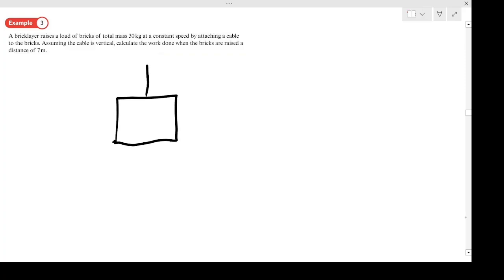There's a cable pulling it up like this, so there's an upwards force. If I'm being specific, that's going to be a tension force, because it's a cable, which is a type of rope. The force in a cable or rope is a tension force, pulling it up. Of course, weight is going to go against it.